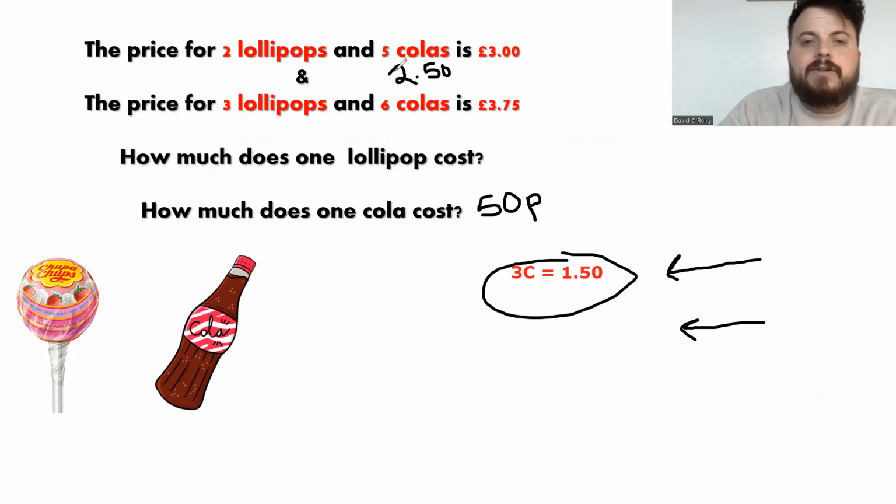And if 5 colas is £2.50, 2 lollipops must be 50 pence. Why? Because 50 pence plus £2.50 is £3. If 2 lollipops is 50 pence, 1 must be 25 pence.